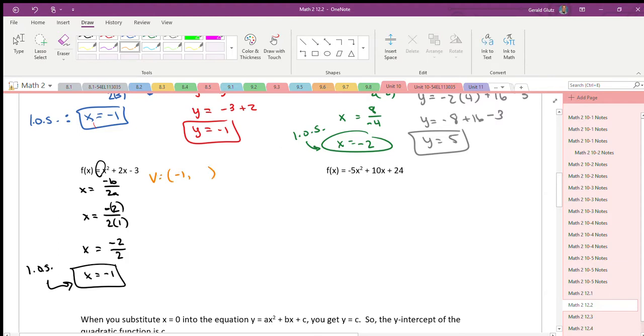So again, if I know the x value and I have an equation with x's in it, I can just plug in negative 1 for x. So f of negative 1 is equal to negative 1 squared plus 2 times negative 1 minus 3.